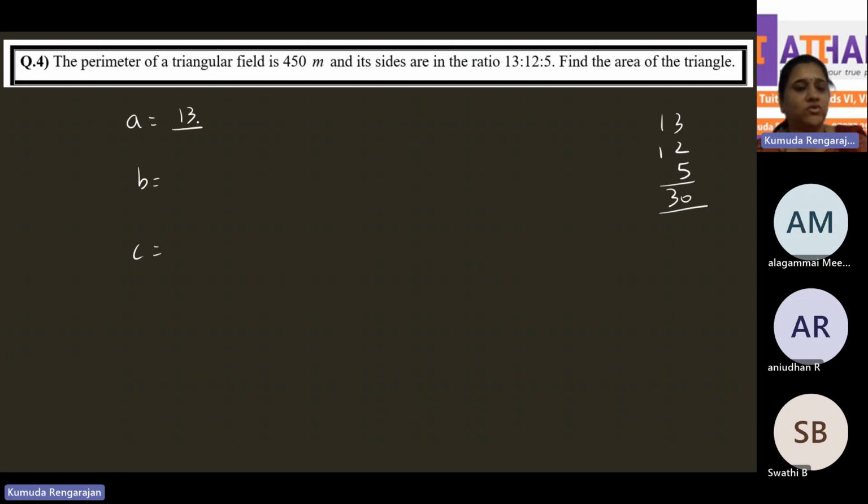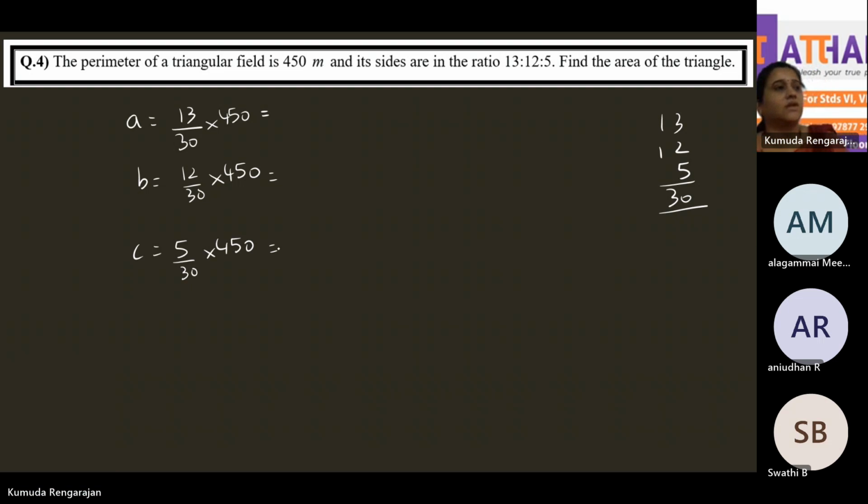So if you were used to this, 13 by 30 into 450, then 12 by 30 into 450, then 5 by 30 into 450. You can find ABC like this also.